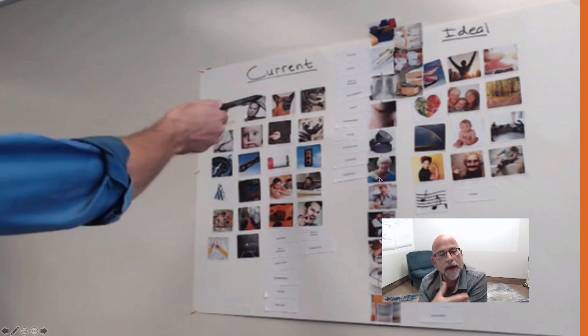So if you think about what design is often doing, it's taking a current situation and making it more ideal. It's migrating the current to the ideal. This gives an interesting way, especially as an icebreaker, to talk about what people feel is the current situation and what a more ideal situation might be.